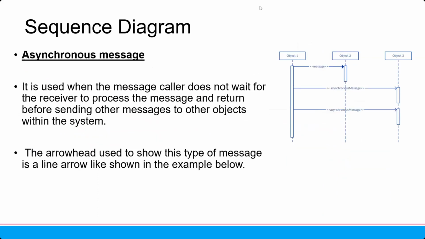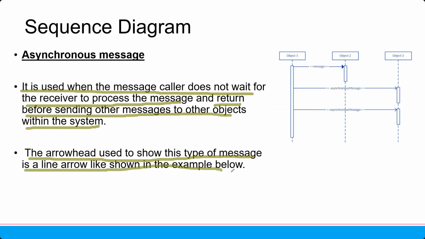There might be an asynchronous message. It is used when the message caller does not wait for the receiver to process the message and return before sending other messages to other objects within the system. The arrowhead used to show this type of message is a line arrow like this one. This is by the definition in UML.